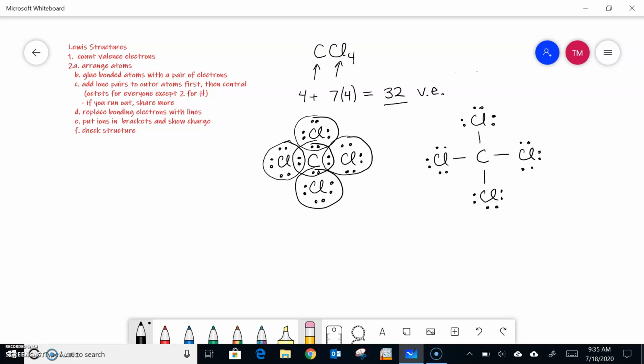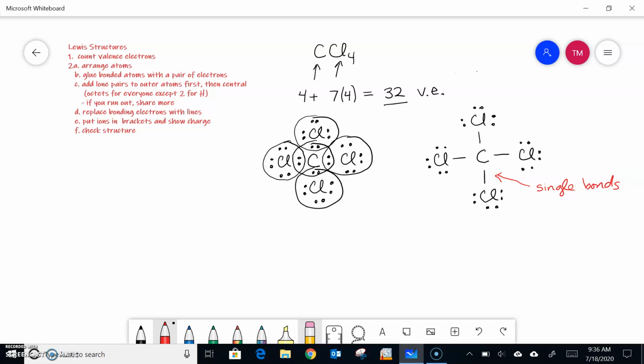So here's our structure for carbon tetrachloride. We're showing what are called single bonds. We'll get to double bonds in a minute. And this sort of shows why something like carbon would want to bond to 4 atoms, because in doing so, if it makes 4 single bonds, that's how it's able to get its octet.